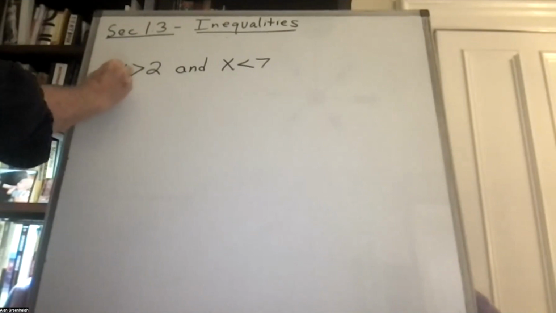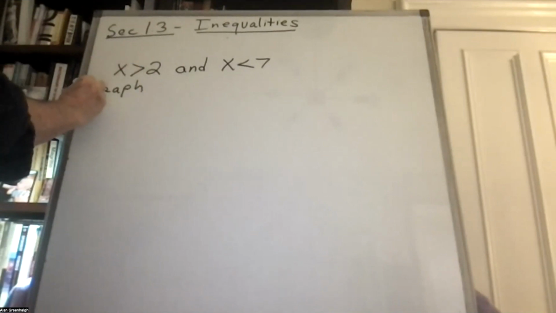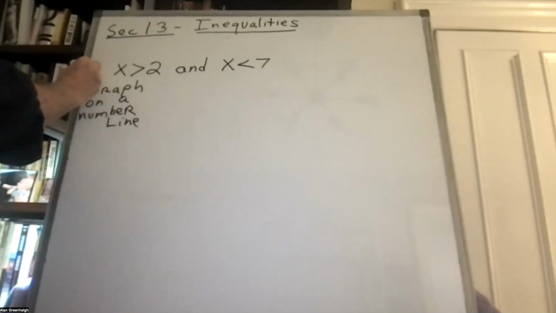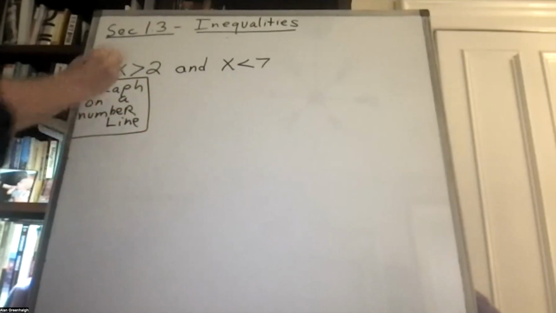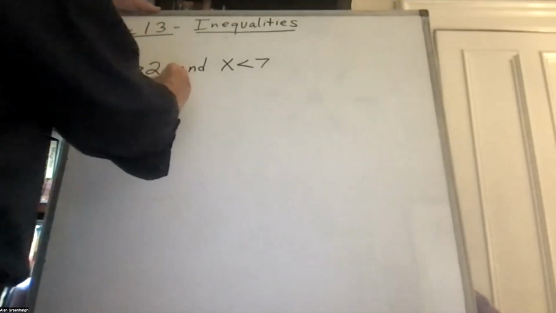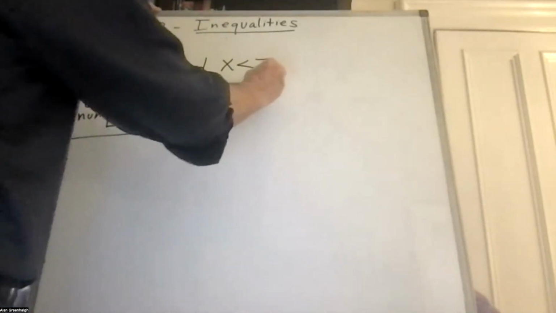Graph on a number line. These are the instructions for this problem. I'll give you a moment. I'm going to begin. So this is what you should be doing. You should be drawing a number line.